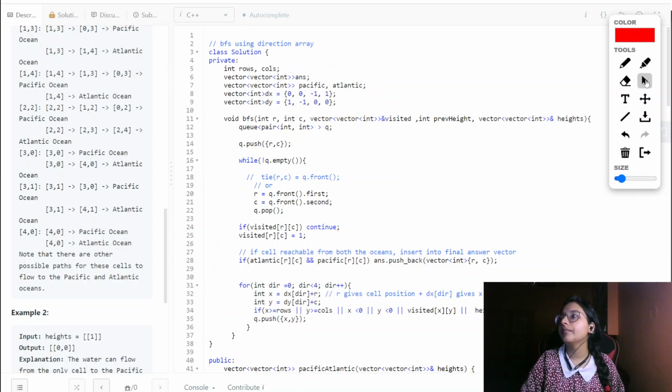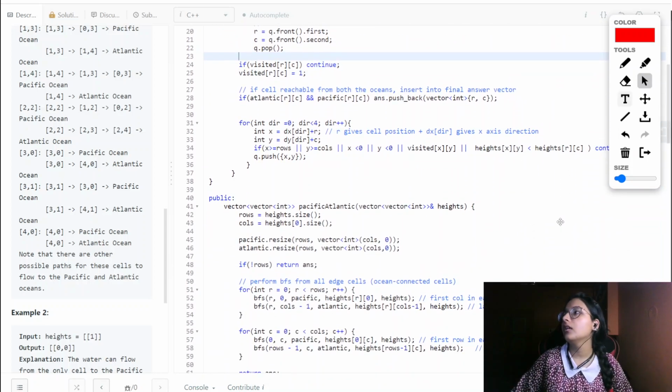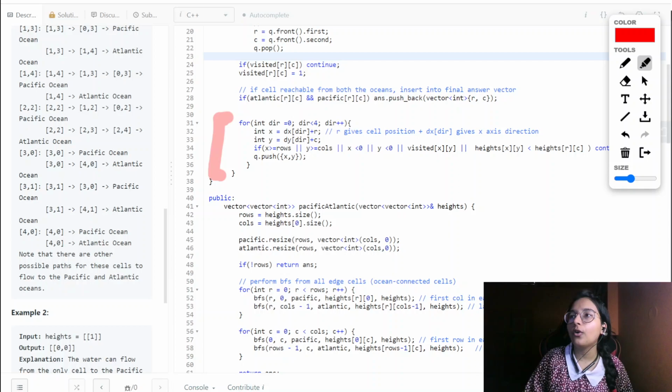And now next comes the part of how we will be going ahead with our further BFS in all 4 directions. So for all 4 directions, I have taken these particular directions, means going in all 4 directions. Then first I am checking for the X, and then I am checking for the Y. That's the thing I am doing.